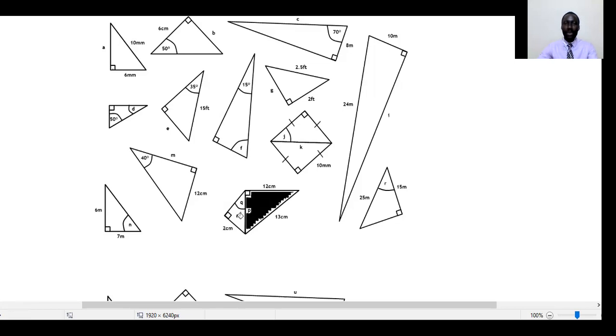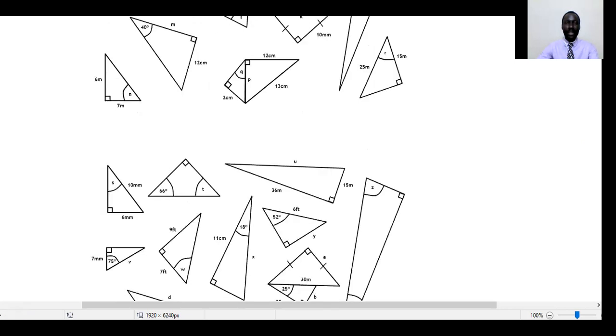Here we have two triangles placed together. In the first triangle, there is this side here which forms 90 degrees, and in the second triangle, this other side also forms 90 degrees. So generally, for as long as a triangle has a 90-degree angle inside it, then that triangle is known as a right-angled triangle. Right-angled triangles exist in different shapes.